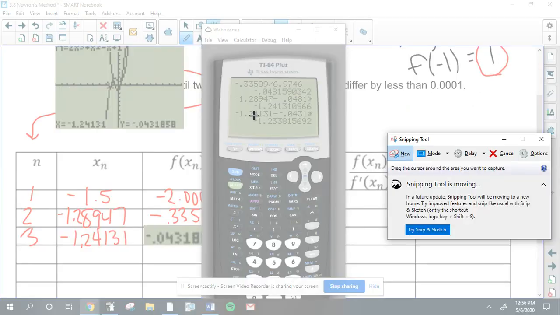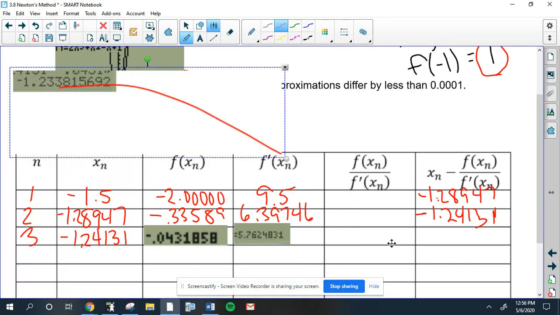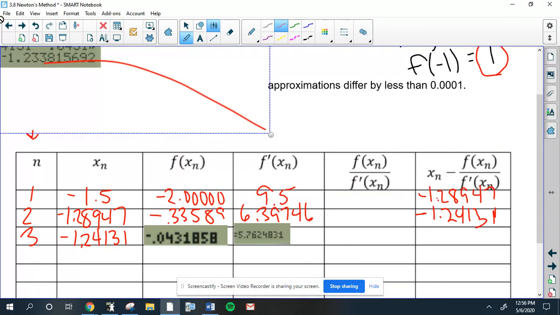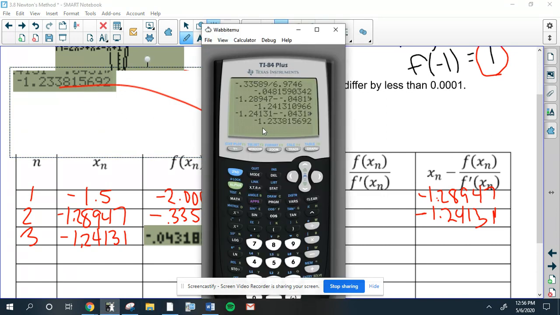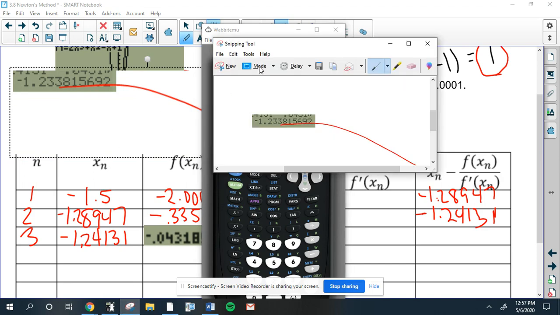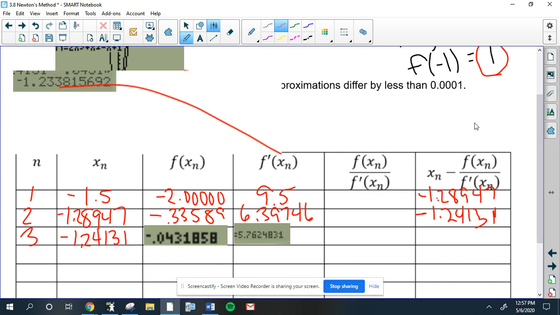Now I'm going to stop when this number, I screwed this up. I'm going to stop right now, but I'm really not done. I'm going to stop when this number here and this number are off by 0.0001.